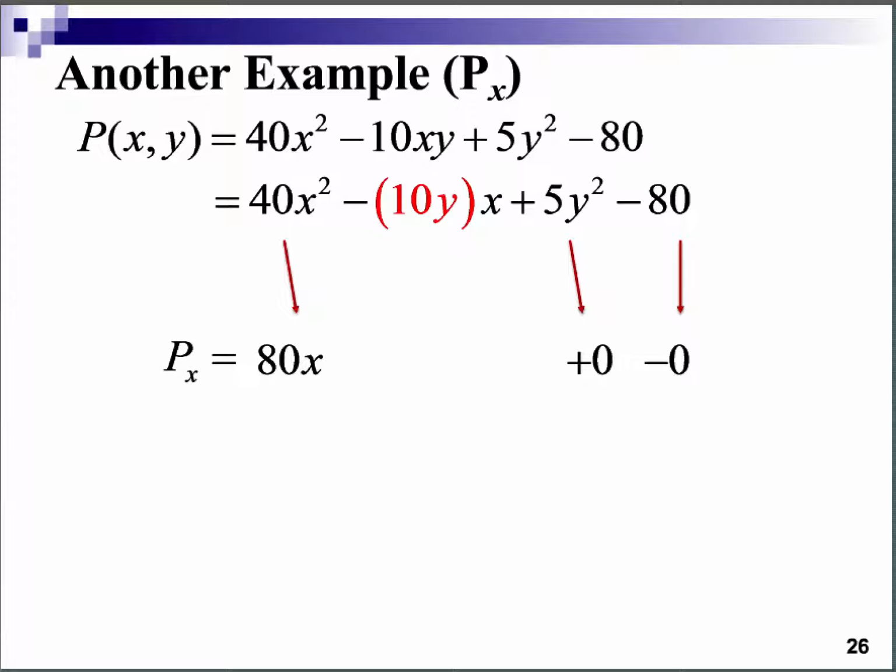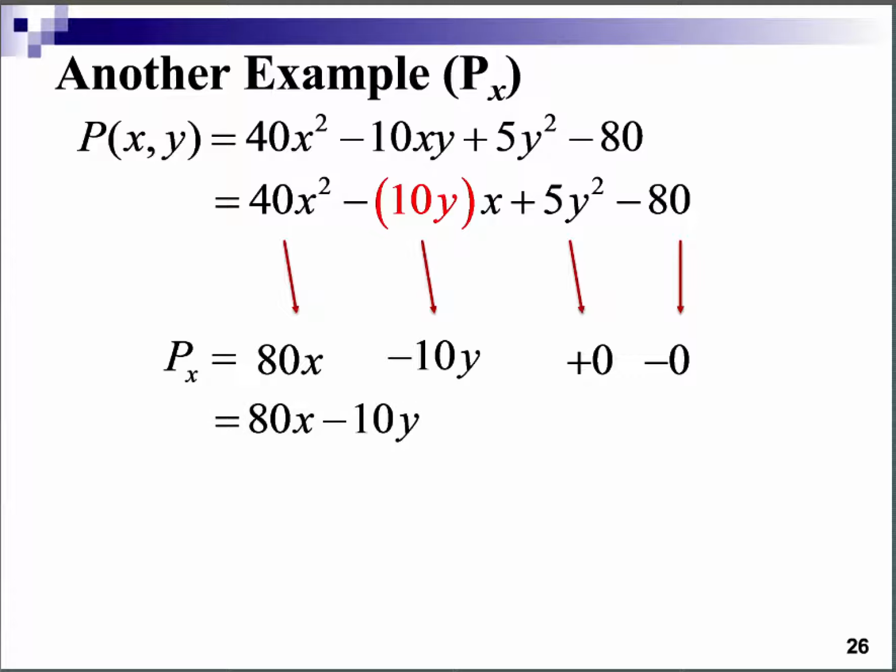So when you have a term that is essentially a constant multiplied by x, the derivative of that term will simply be that constant. So in this case, our constant is the expression 10y. So 10y times x has a derivative of 10y.